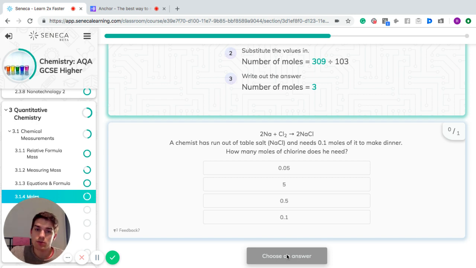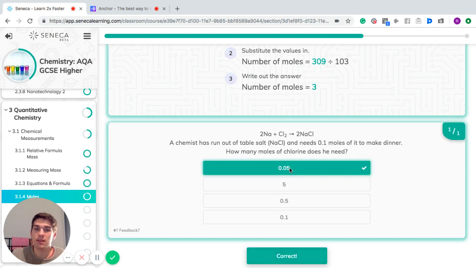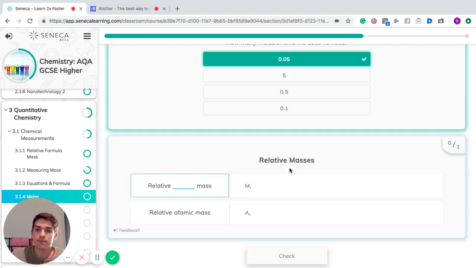So if we need 0.1 moles of sodium chloride, then we're also going to need 0.1 moles of sodium, and we're going to need half the amount of chlorine. That's because sodium and sodium chloride have a 2 before them in the balanced equation, and chlorine does not. Chlorine has nothing, which means a 1, so it's going to be half of it.